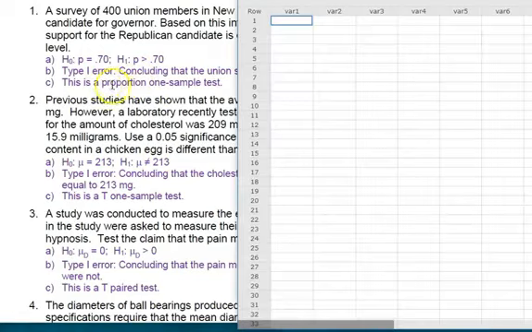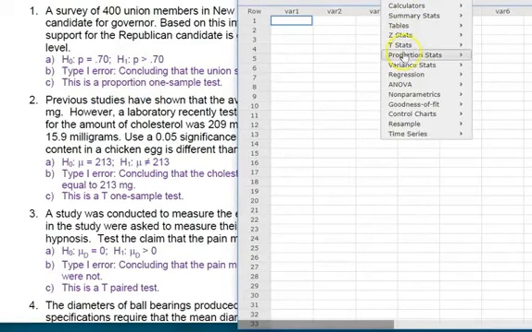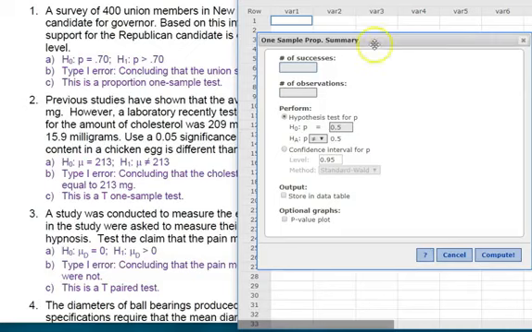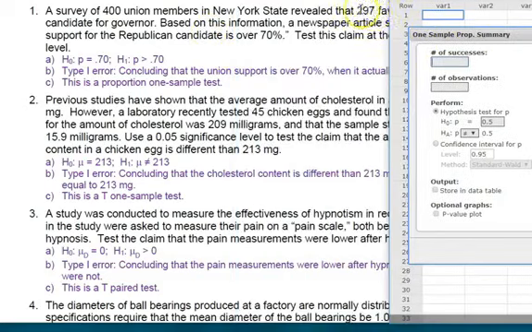For this one, we decided that this was a proportion one sample test. So I'm using proportion stats, one sample with summary, since we don't have a list of data, we just have the summary data. In this case, we had 297 that favored the Republican candidate out of a total of 400.